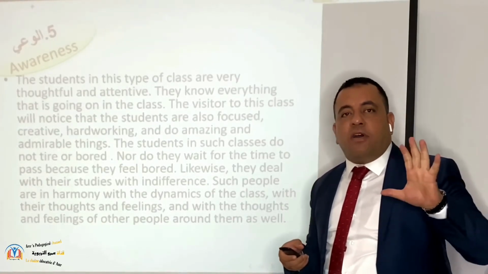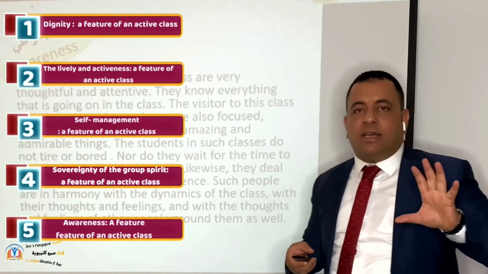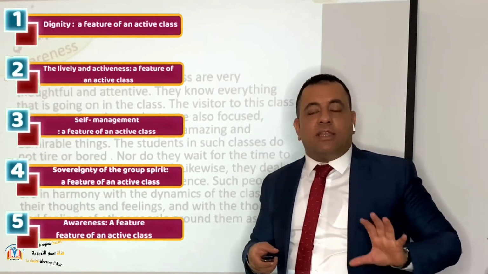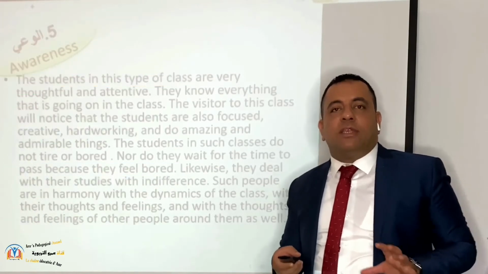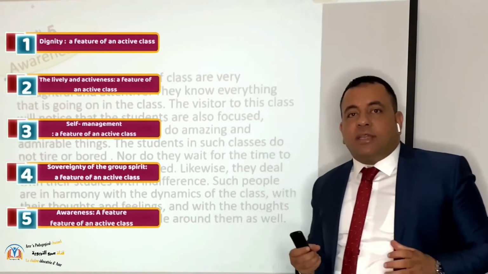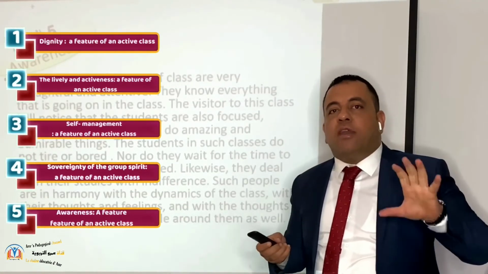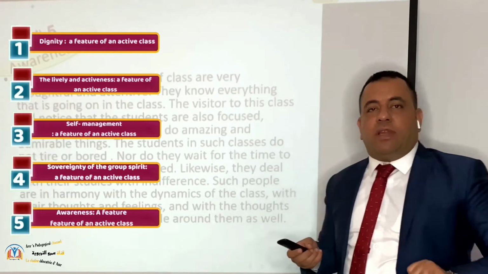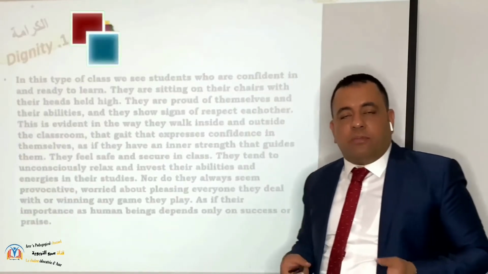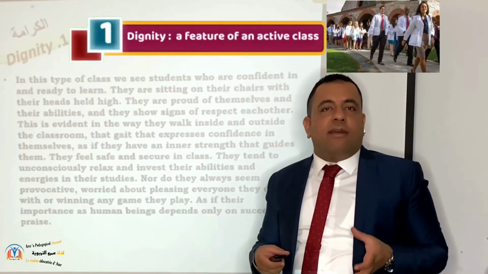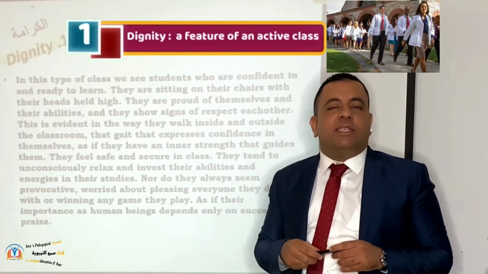So these are the 5 features of an active class. When you visit an active class, which is full of activeness and proactiveness, a healthy class, you will find these 5 features. Let's talk briefly about each one of these features.